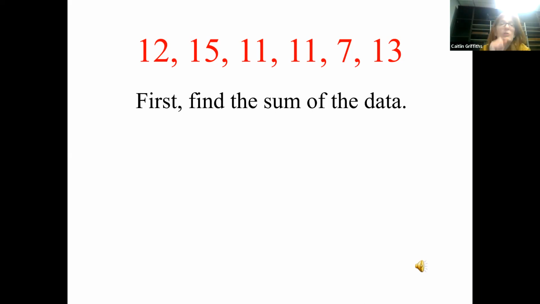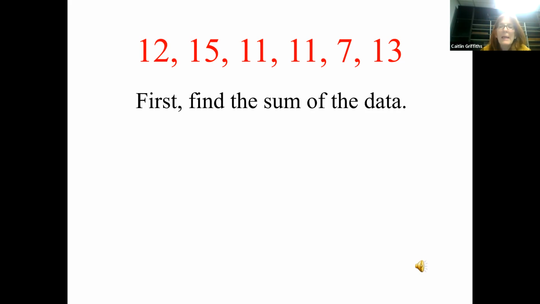But for this set of data points, 12, 15, 11, 11, 7, and 13, you're going to find the sum of the data. And of course, if you're defining the word sum to your students, you would want to go over the vocabulary word. What is the sum?